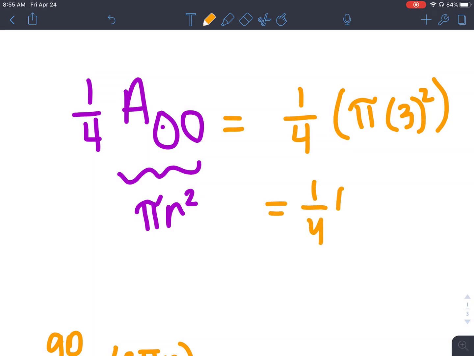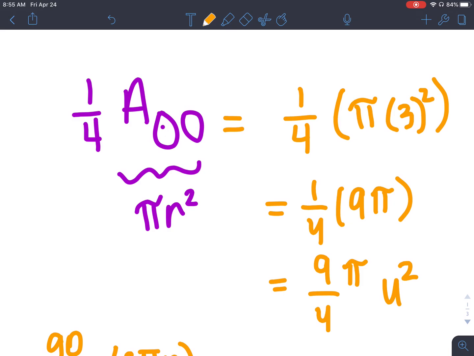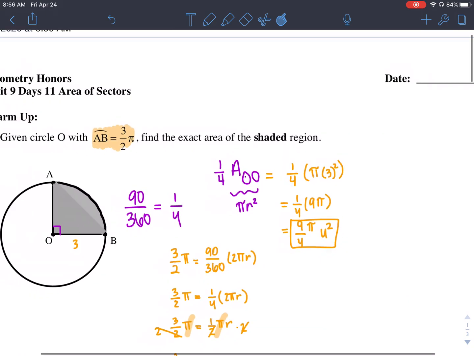So 3 squared is 9. And then if I multiply those, I get 9/4 pi, or 9 pi over 4 units squared. And that's the area of that shaded region.